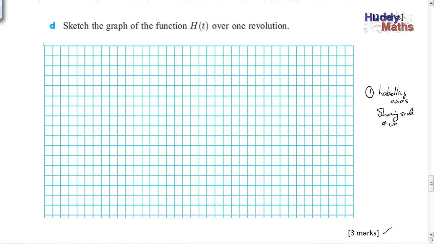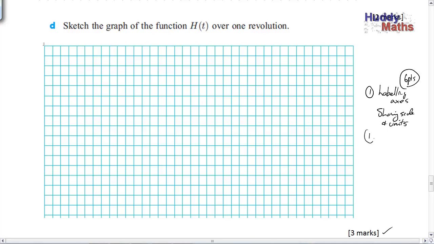Hey, it's easy to blow this mark, mate. Okay, if you don't label an axis with height, in brackets metres, or don't show an adequate scale, any of those loses the mark. So there are 6 points here that the markers use. 6 points to get that 1 mark. Any one missing, you blow the whole mark.